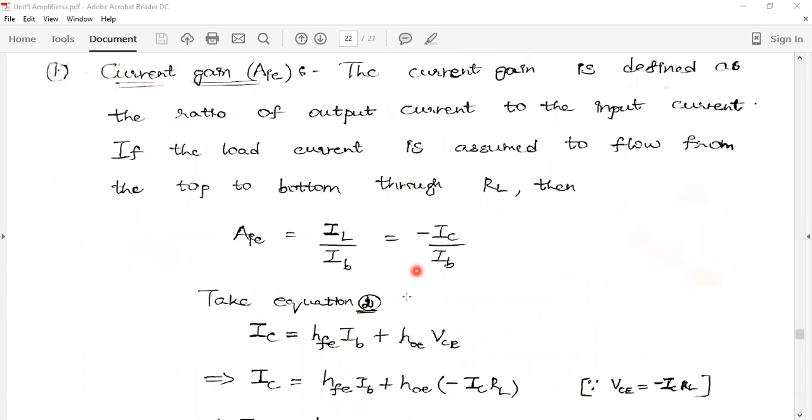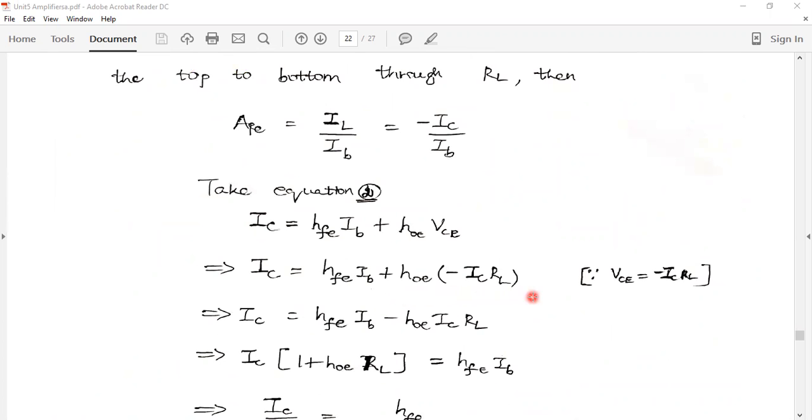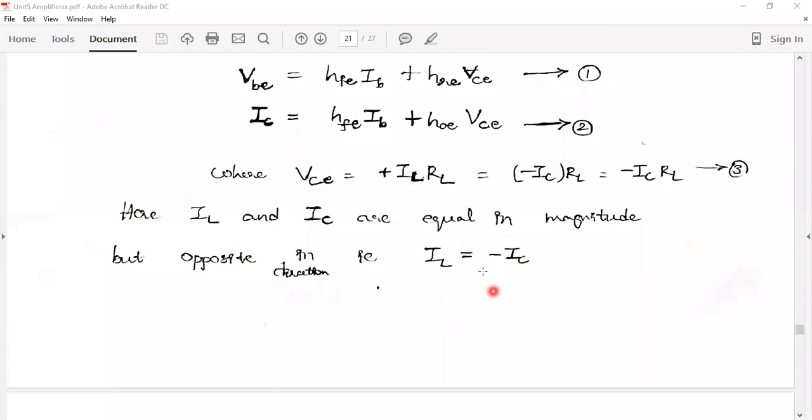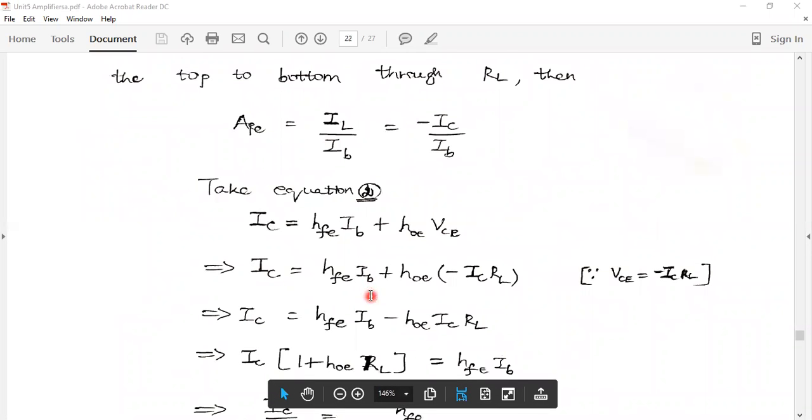First take equation number 2, IC is equal to HFE IB plus H0E VCE. We know that VCE is equal to minus IC RL, from equation 3. So IC is equal to HFE IB plus H0E times minus IC RL.